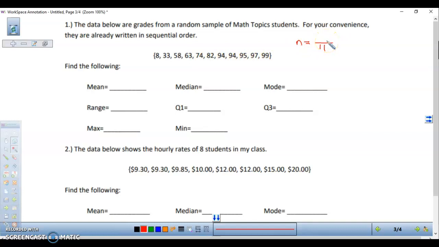So I'm going to punch this in my calculator. 8 plus 33 plus 58 plus 63 plus 74 plus 82 plus 94 plus 94 plus 95 plus 97 plus 99. So it's a bit tedious, right? We add up all the values. I get 797. Divided by the number of values, which was 11. So the mean, or the average of this data, is around 72.45.